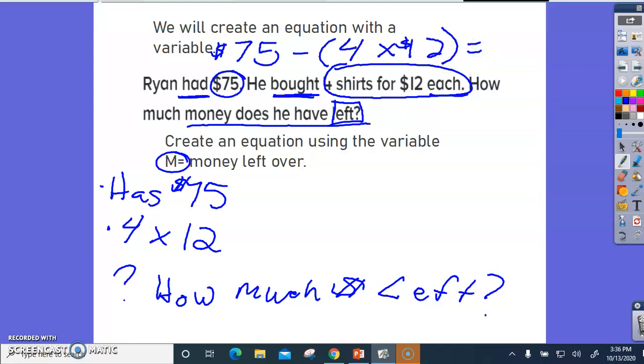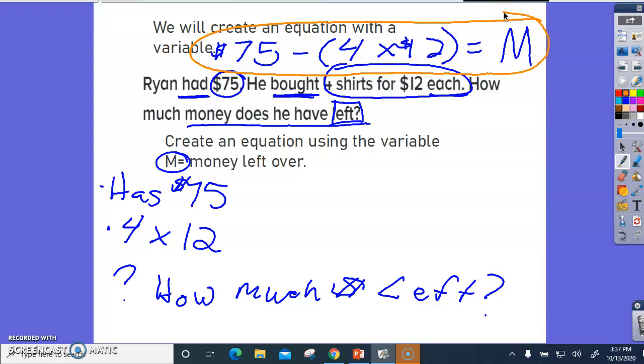No, we don't. All we have to do is create a full equation. And remember, if you stick in your variable, you have your full equation. So that's it. We have created a variable equation, full equation.